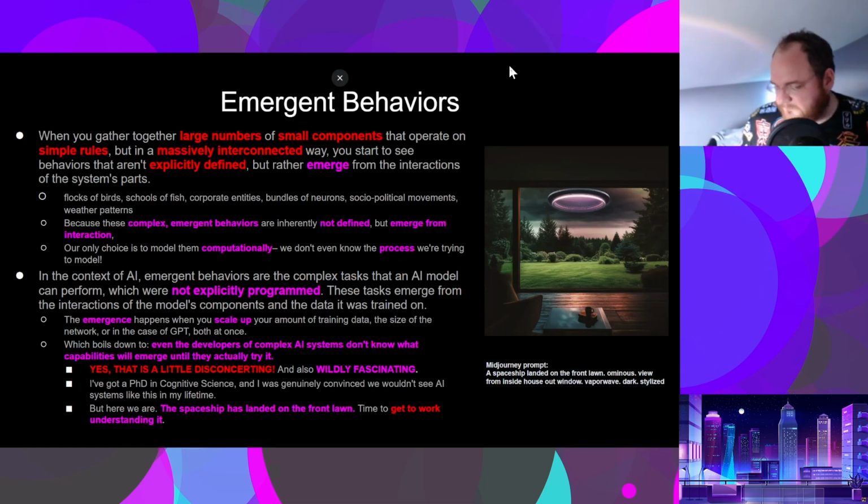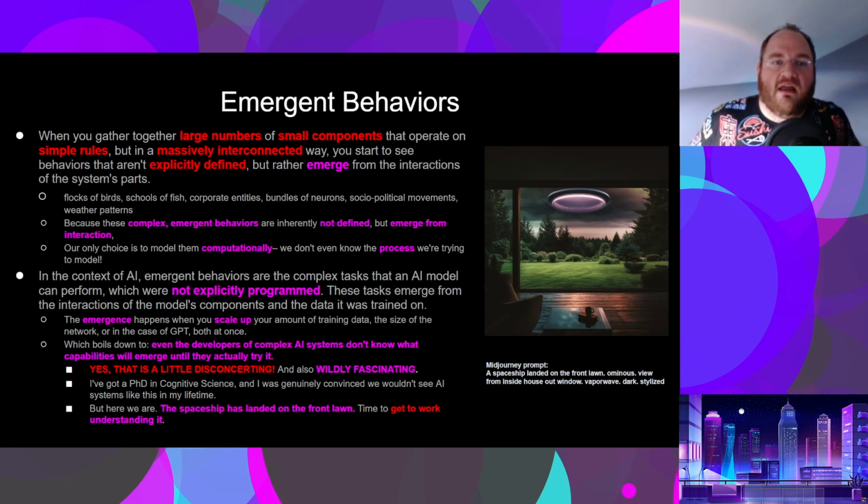So, quick aside on emergent behaviors before we take off. Maybe not quick, but important aside. Emergent behaviors come up all the time, but they're very closely tied to the concepts of complex systems, right? Complex systems that you can't necessarily model in a closed-form way. You have to model them behaviorally.